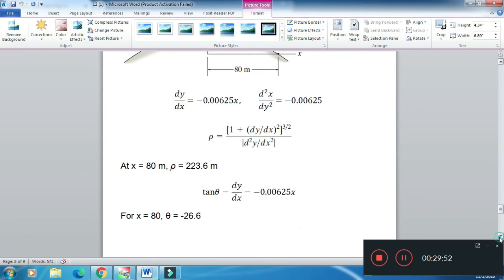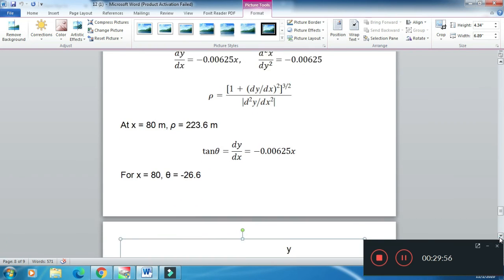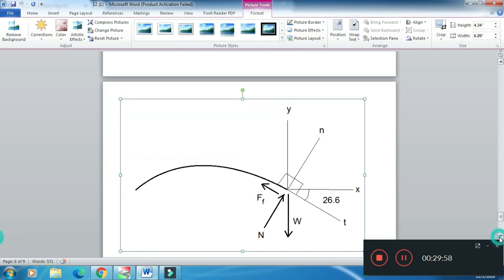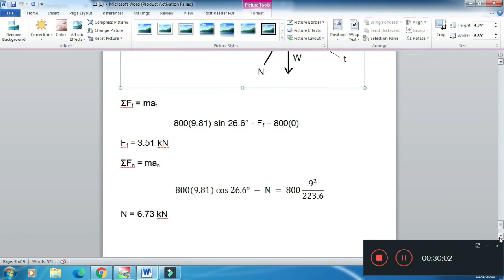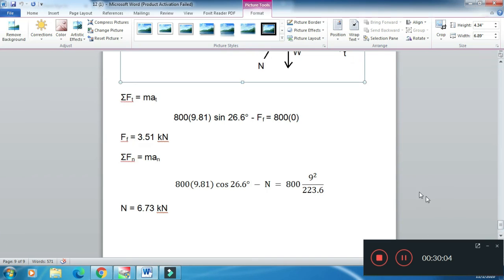This will vary the radius of curvature, and the variation of the radius of curvature will change the normal acceleration. When it will change normal acceleration, then the value of the normal reaction can change.